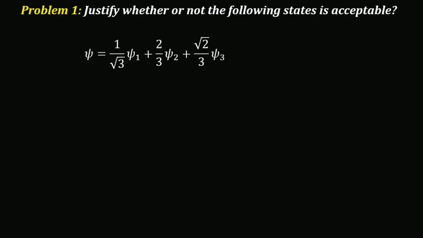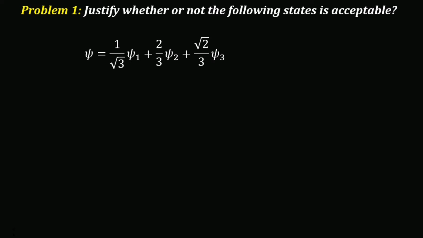Identify whether or not the following state is acceptable. So the condition that we have read before in the principle of superposition, where the sum of ai absolute square is equal to 1, will be used over here.